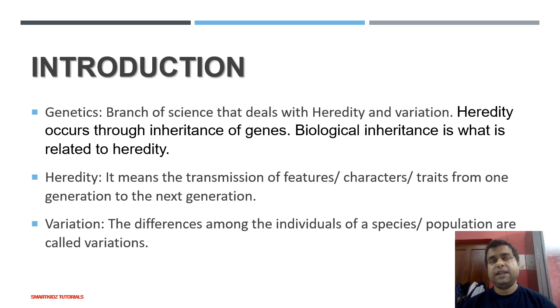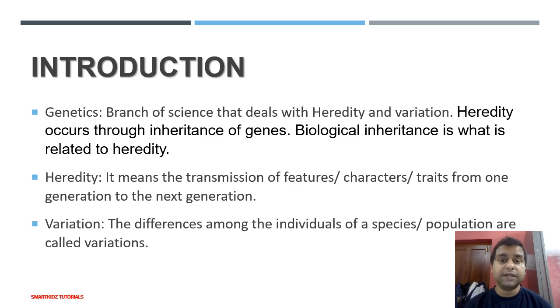What is variation? Let's say, as I discussed, mother has brown eyes, father has black eyes, and I have black eyes. I have a brother or a sister whose eyes are not black but brown. So we see that though we are related and come from the same parents, we do not share the same characteristics. The brown eyes came from whom?